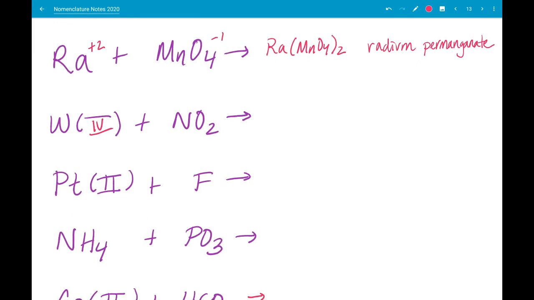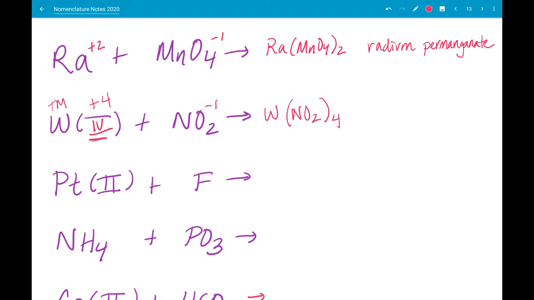Okay, the next one we have is W with the oxidation number we have to figure out, but they told us it's a Roman numeral, so that means it's a +4. That also indicates it's going to fall under the transition metal naming rules. NO2 is more than one element, so it's a polyion with an oxidation number of -1. So it's going to be W, parentheses NO2, and then there's going to be 4 of them from that drop and swap.